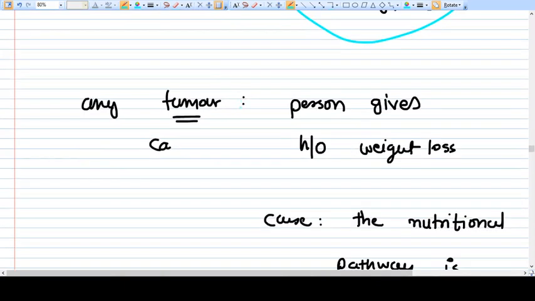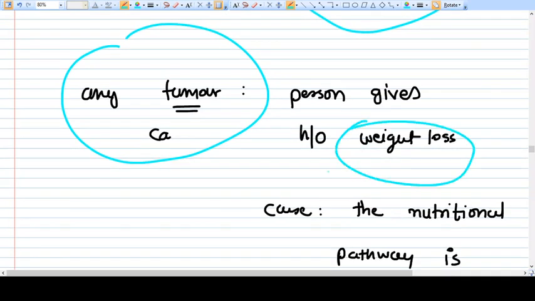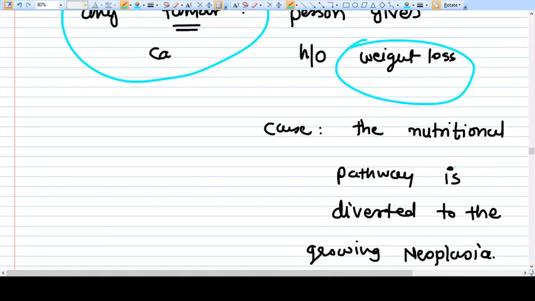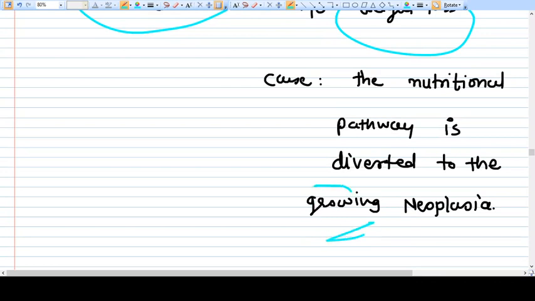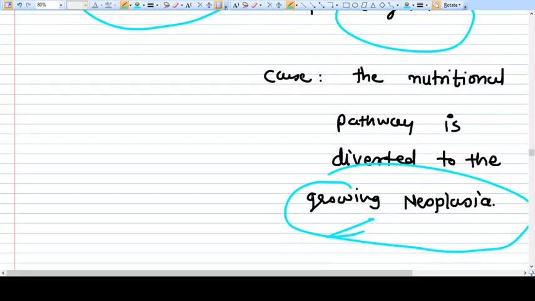So any tumor or any carcinoma patient, the person gives a history of weight loss. Weight loss is a very common symptom of any kind of tumor. Why? Because the nutritional pathway is now diverted to that growing neoplasia, which should not be growing, but now it is growing and it needs extra nutrition.